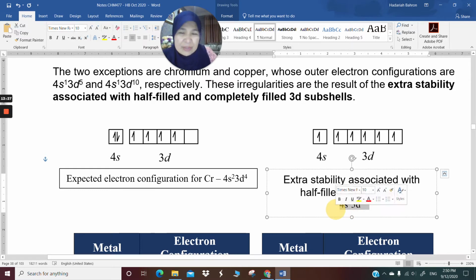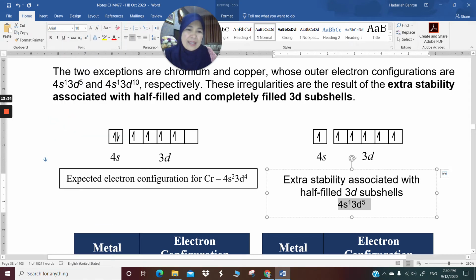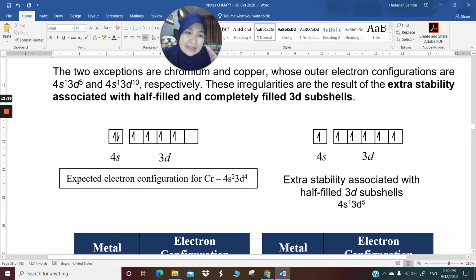Why that is, is because there is an extra stability associated with half-filled 3d subshells. Now, if you can recall, elements have the utmost desire to be very stable. So by moving this paired electron from the 4s into this empty d orbital here, you get this arrangement.